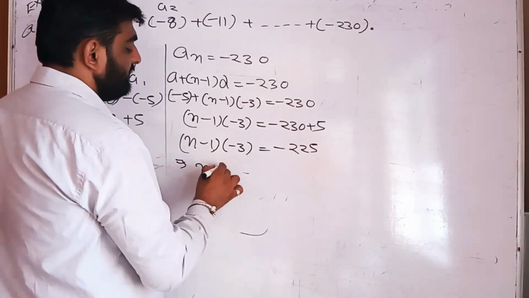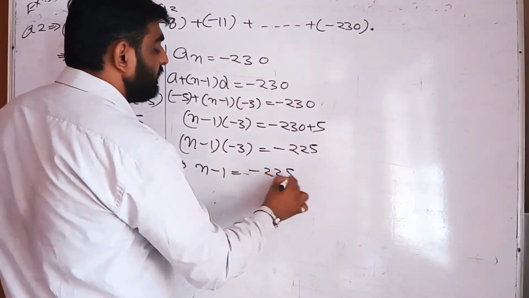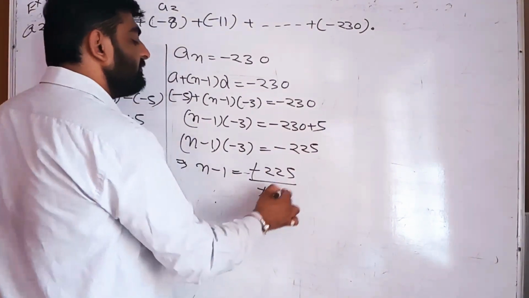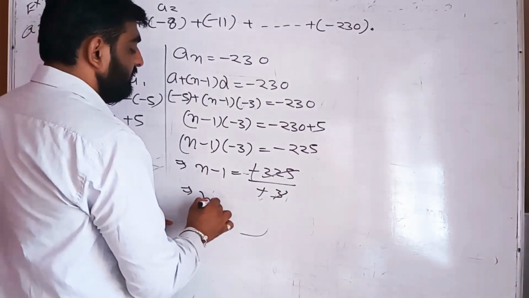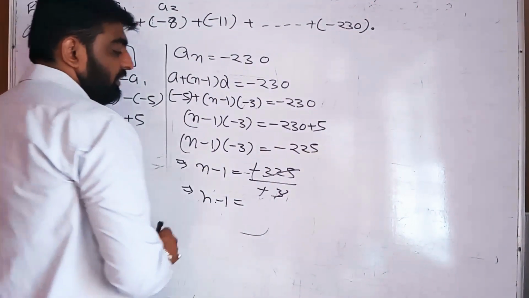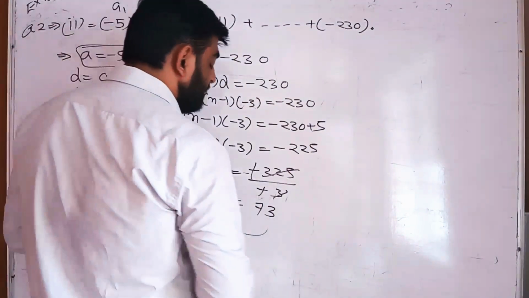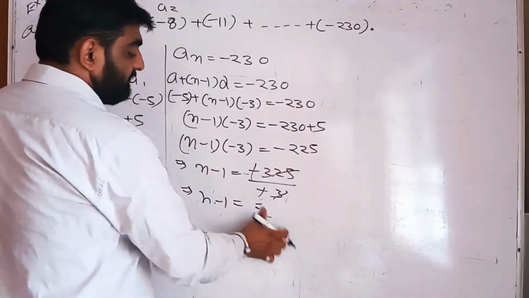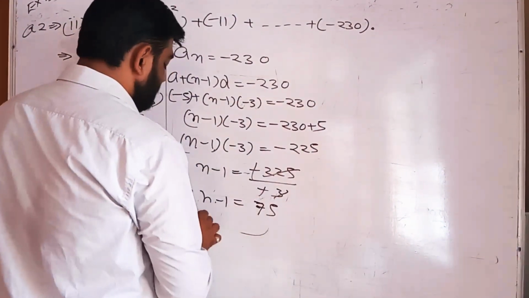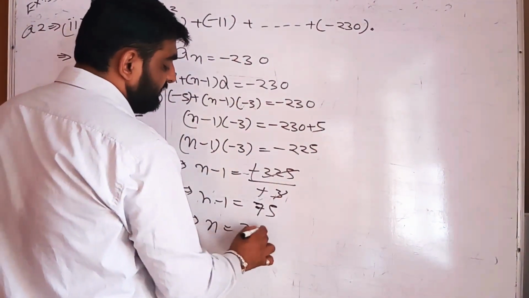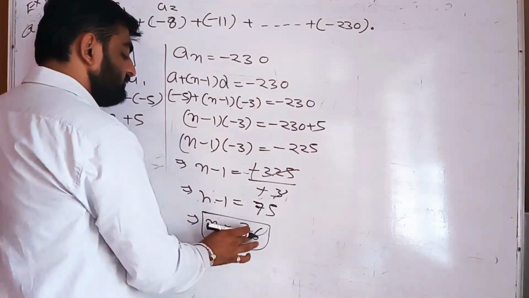So N minus 1 equals -225 upon -3. Minus by minus is positive. If we solve it, 3 fives are 15, 3 sevens are 21, so 75. So N equals 76, students.